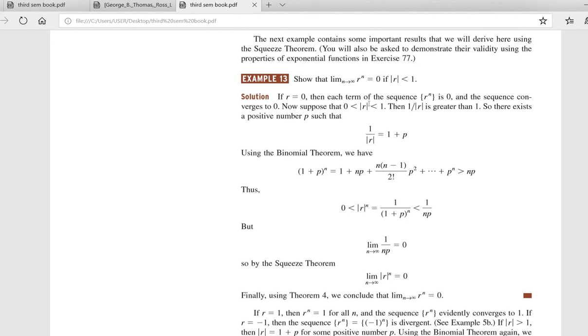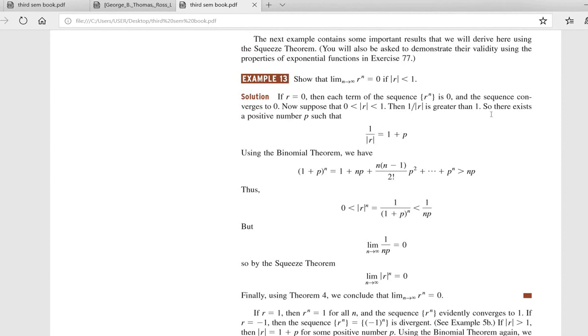And from this, I can take this mod r to the right side. Then what will happen? 1 divided by mod r on the left side, there is 1. 1 is remaining, right? So 1 by mod r is greater than 1. Okay. So there exists a positive number p such that 1 by mod r is greater than 1.